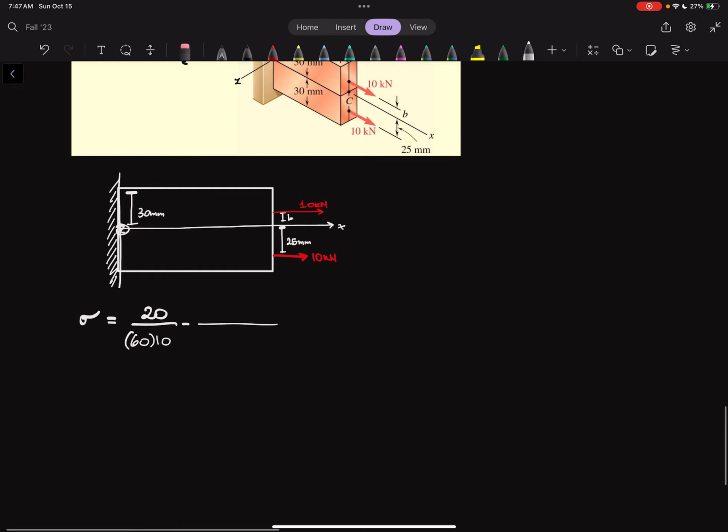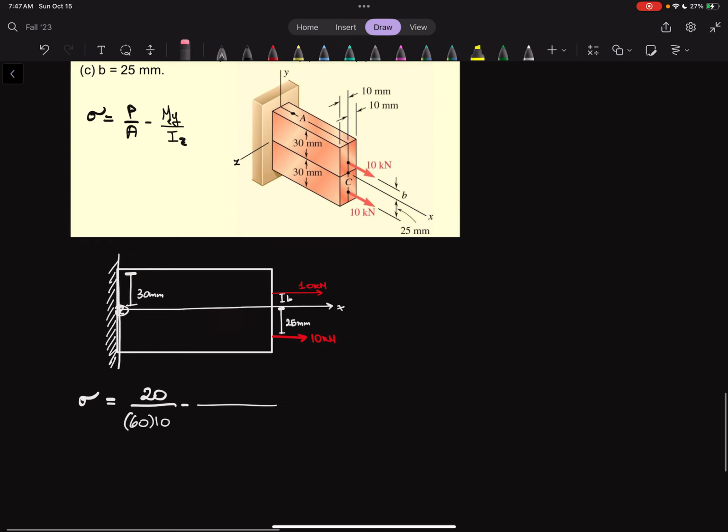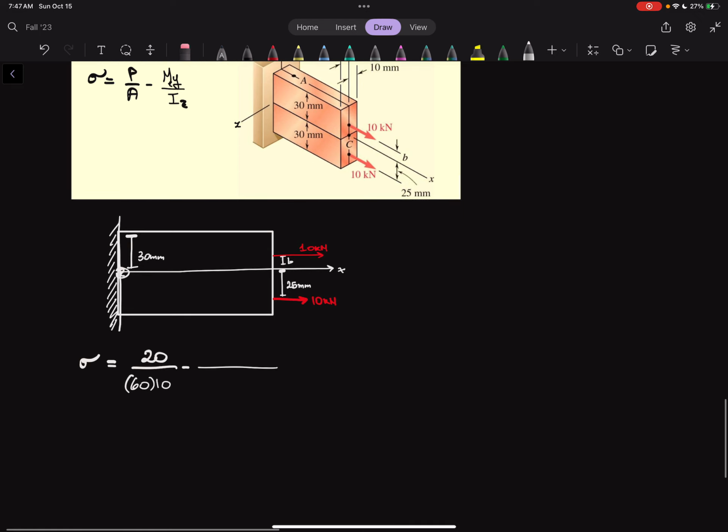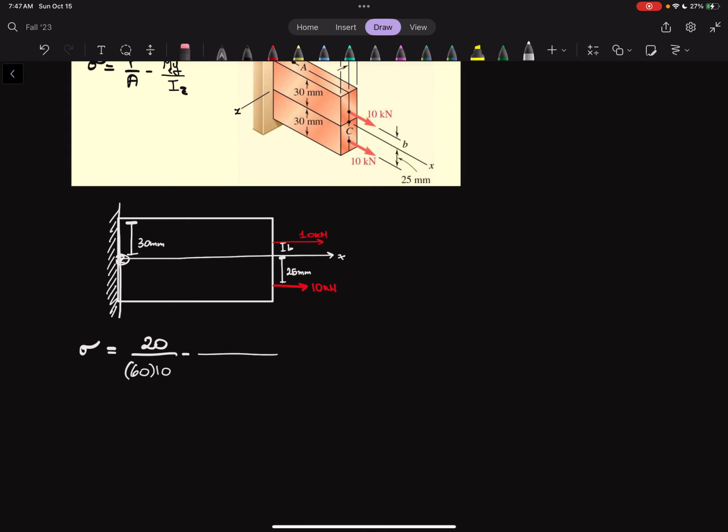So we're only going to have a moment from this bottom one. And is that going to be a positive or a negative moment? Well, let's just say it's 10 kilonewtons times 25 millimeters.